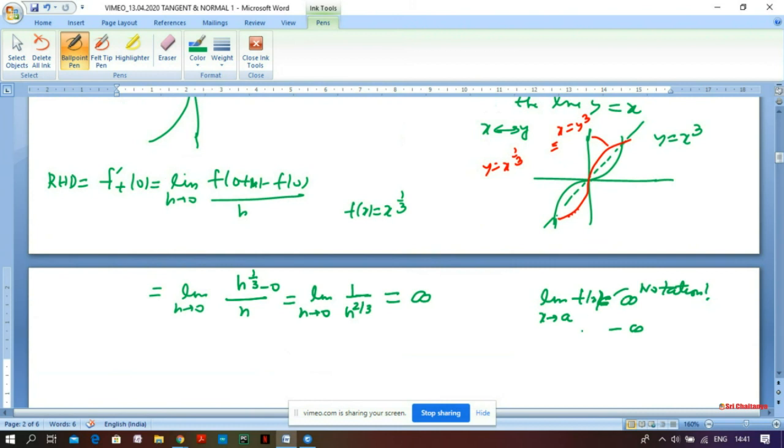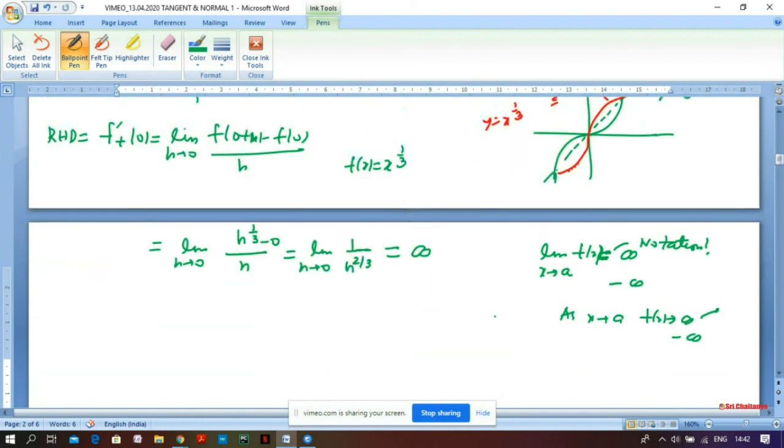It just tells you that as x approaches a, f of x tends to infinity or negative infinity. It means that as x gets closer and closer to a, the values of f of x get larger and larger than any positive number you can think of, or the values of f of x get smaller and smaller than any negative number you can think of. So these are your two conceptual things.